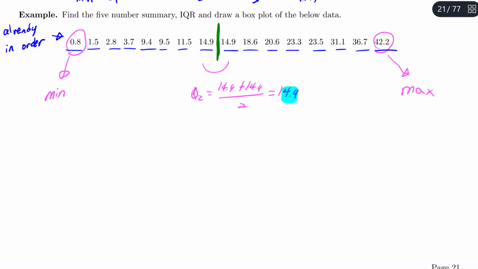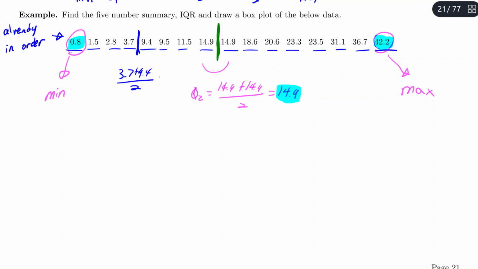So let me highlight all those numbers we found so far. And then for Q1 and Q3, for Q1 we look at the first half, and the middle is right here. So we add these two and divide by 2.